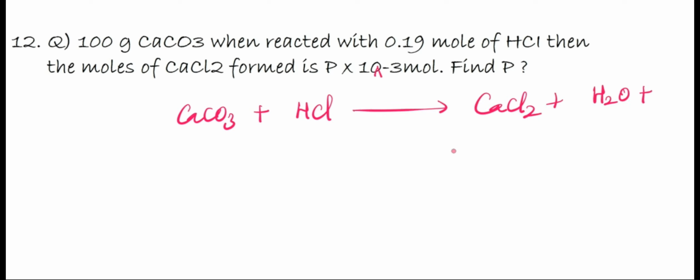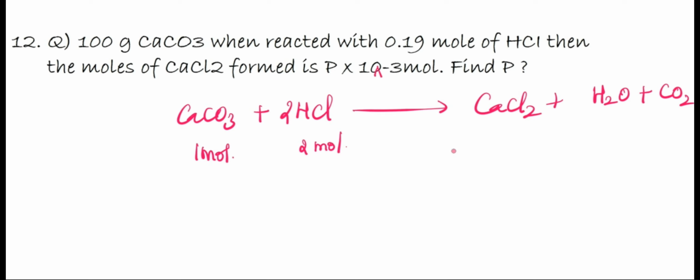Along with that, of course, carbon dioxide will get eliminated. Upon balancing this, I'll put 2 over here. So everything else is balanced. Cool. So 100 grams of calcium carbonate is treated with 0.19 mole of HCl. By seeing the ratios, 1 mole is treated with 2 moles. That is the stoichiometric coefficient.